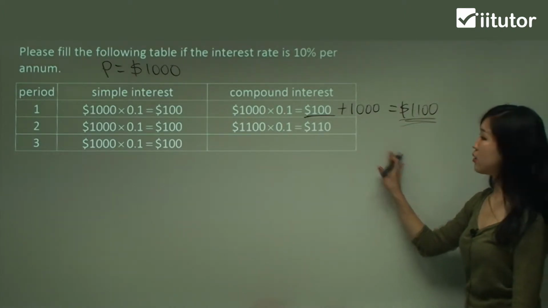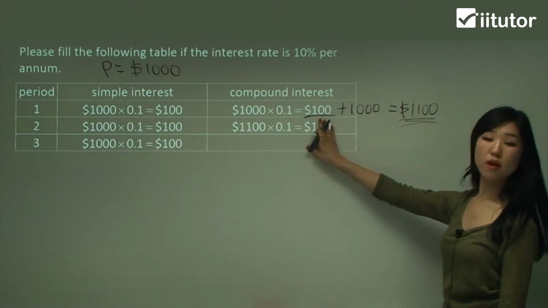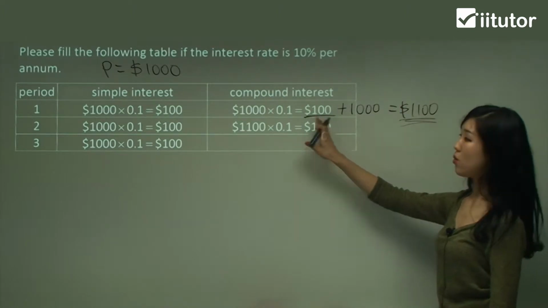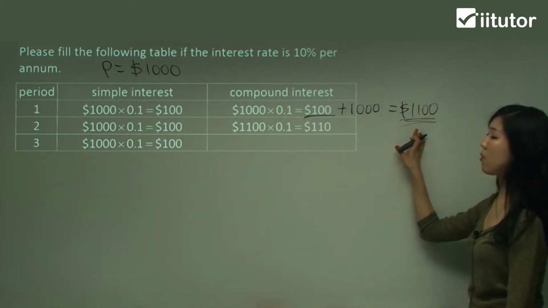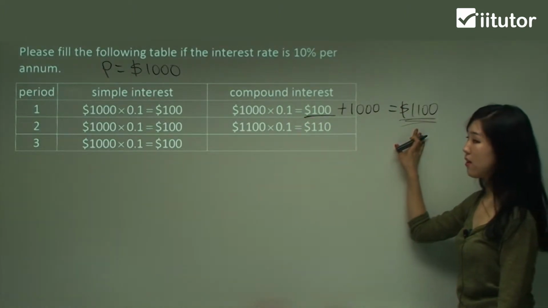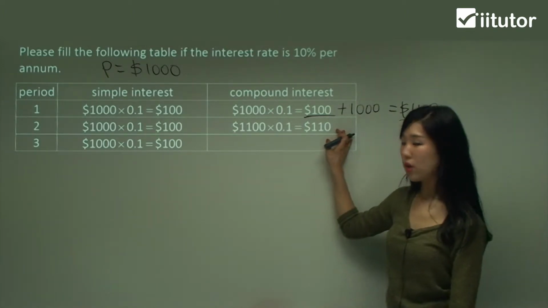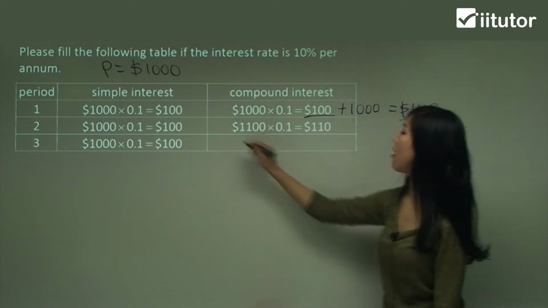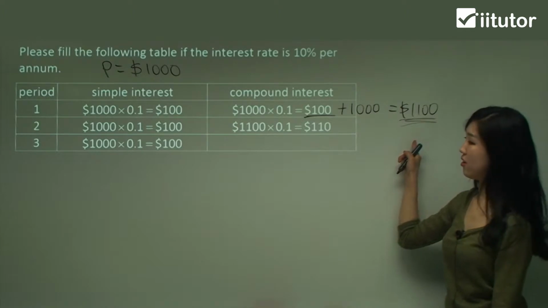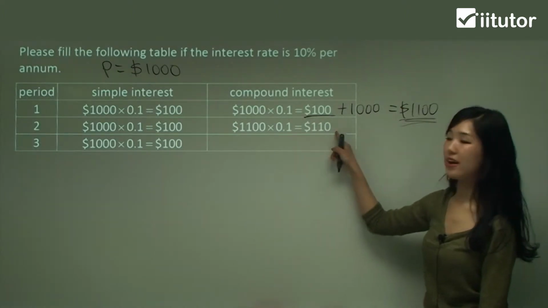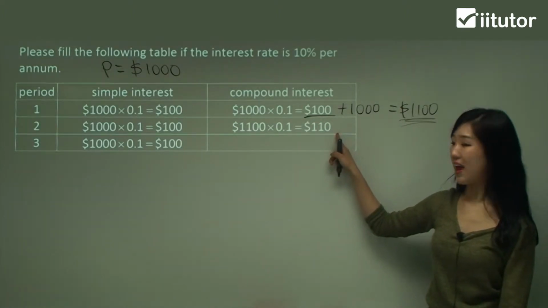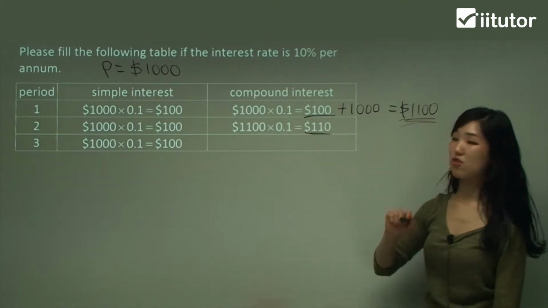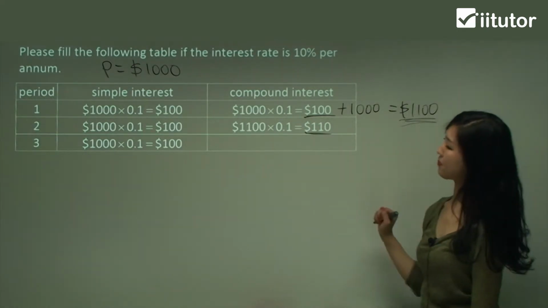So we've got an interest of $100. We add it to the principal to get $1,100, and then for period 2, we charge interest upon this value. So the interest that we have is slightly higher. So this is our new interest for the second period.